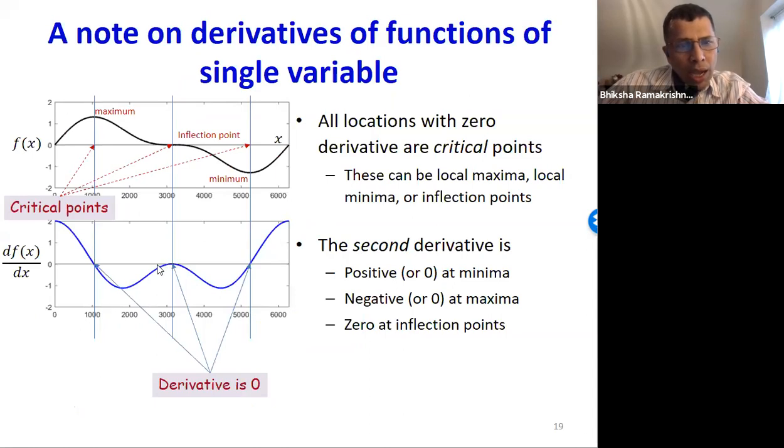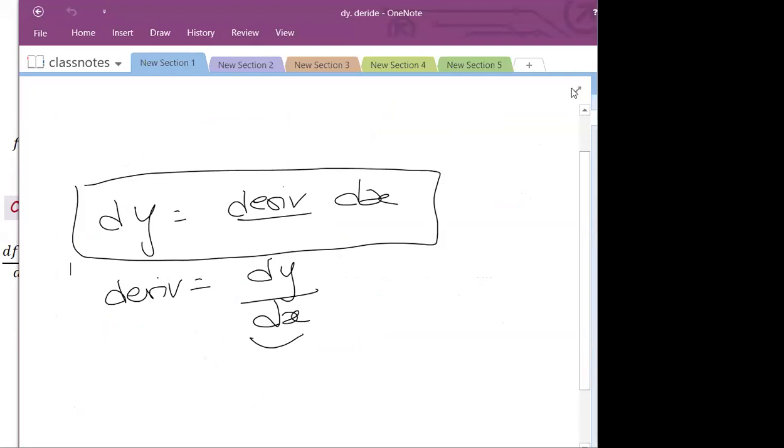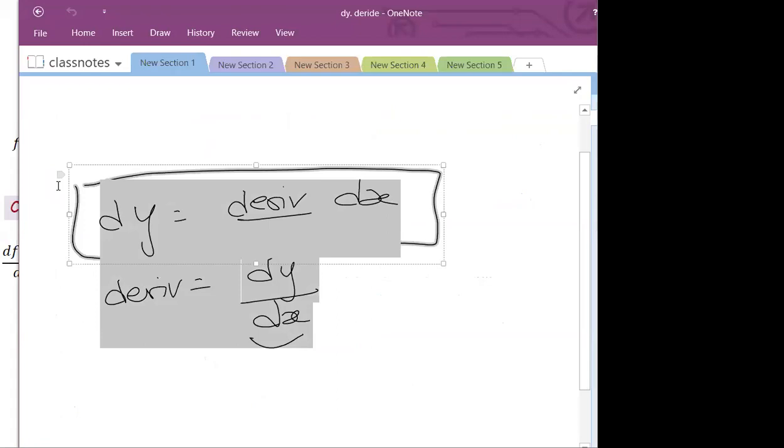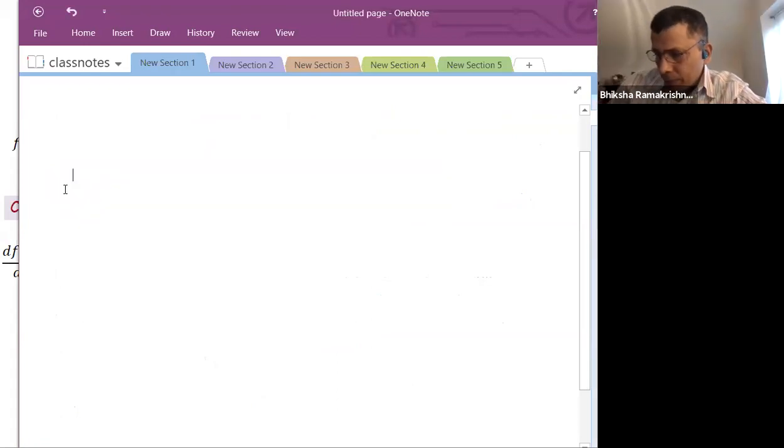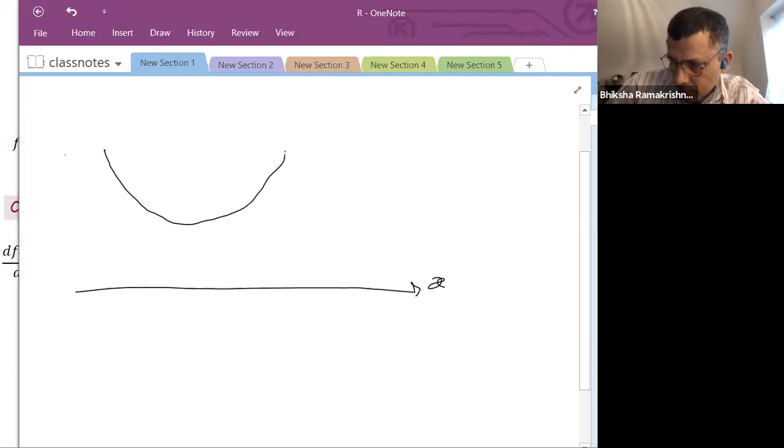Now, the issue, of course, with derivatives is that derivatives can go to 0 at very many locations. So let me draw a couple of functions and let's see how this works. Say I have this is x, and I have a function which is like this, right?